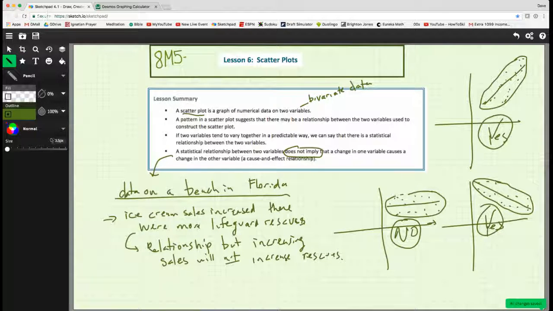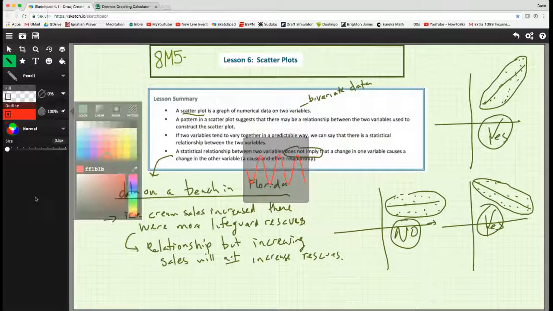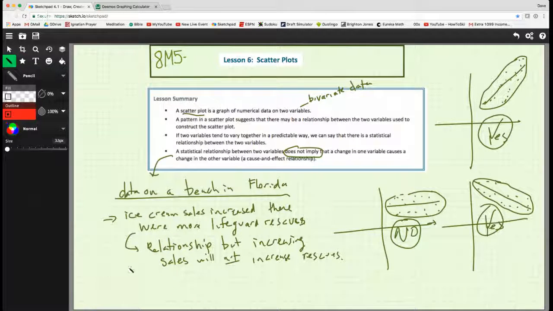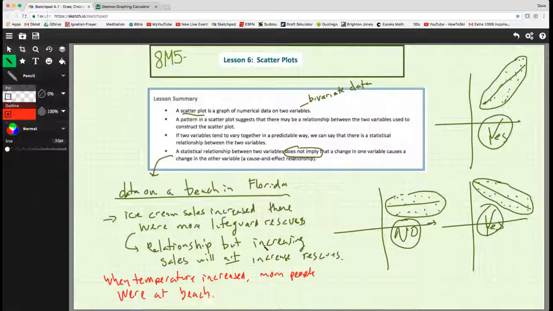What do you think was going on? What do you think actually was happening here? Well, the deal is that when temperature increased, more people were at the beach. And so more people, and they proved this later, more people means more ice cream sales.